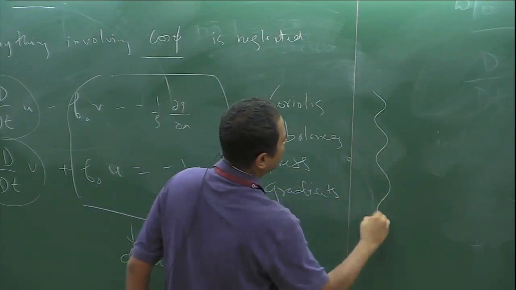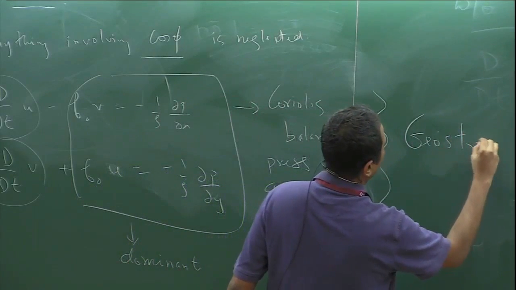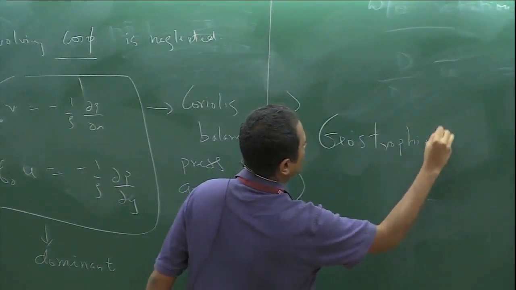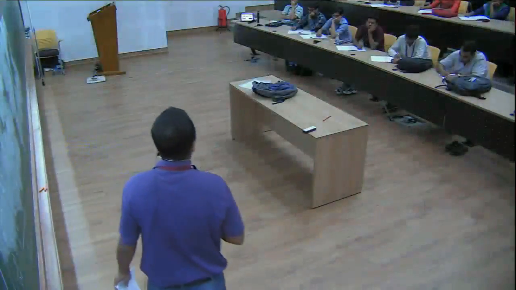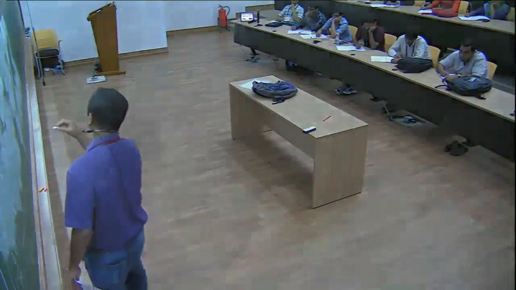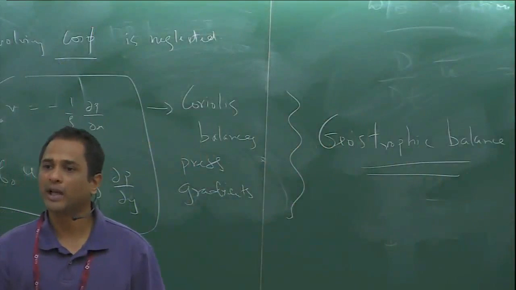This statement is known as a statement of geostrophic balance. And this is essentially the dominant balance at large scales in the atmosphere and the ocean, right?